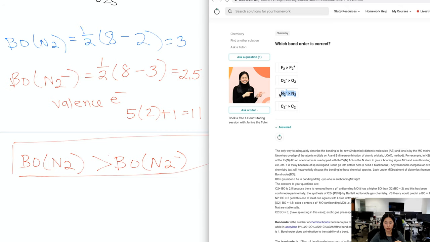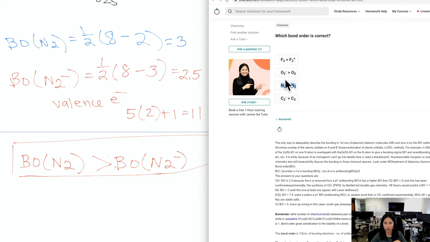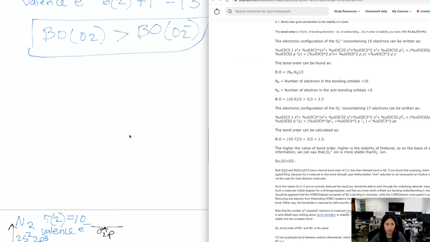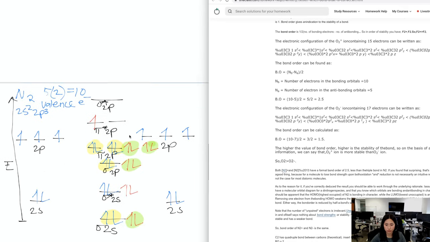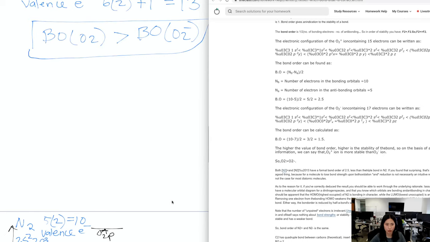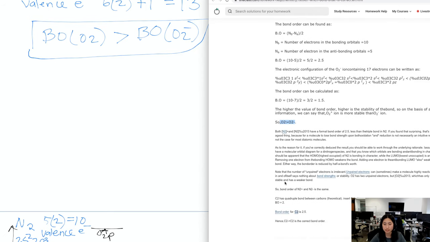Well, this is false, right? Or this is incorrect because N2 is greater compared to N2 minus. And let's see what they said so far for oxygen and also for nitrogen. So for oxygen, they're saying that O2 is greater compared to O2 minus, and this is right. Now, if you go and look at nitrogen, right, they're saying that nitrogen is, let's see.